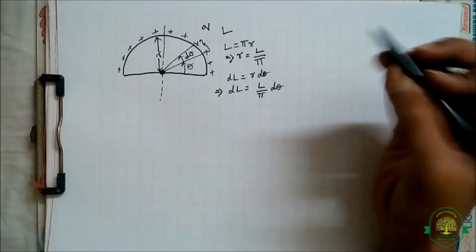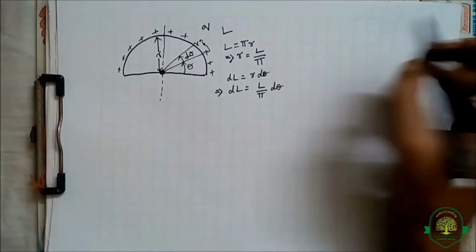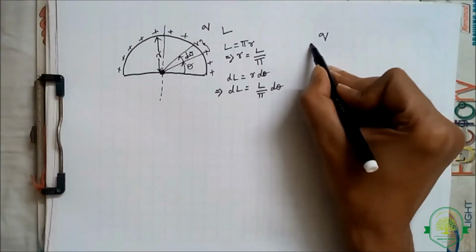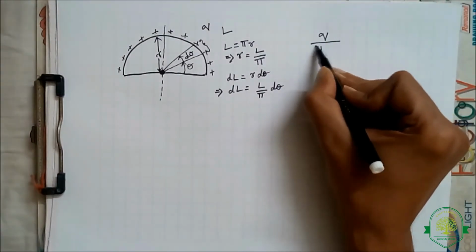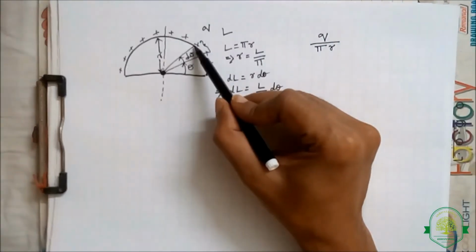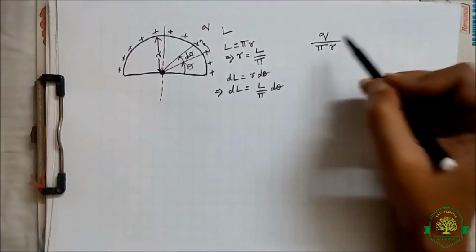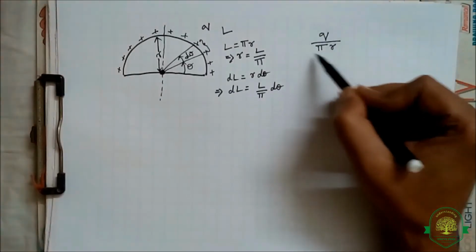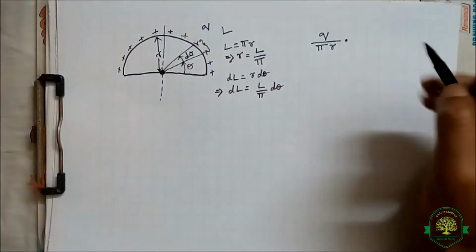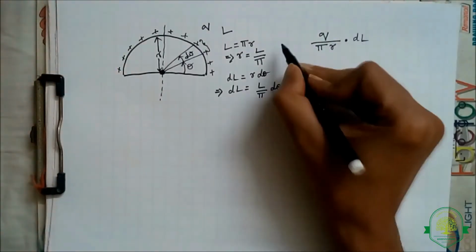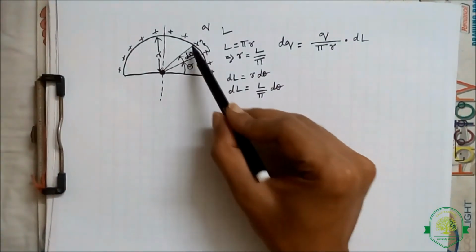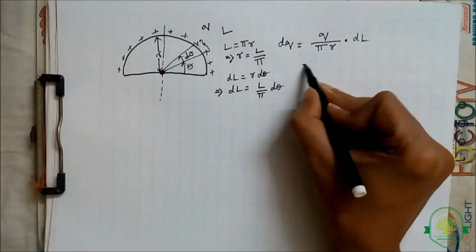By the simple unitary method, the total charge is Q, and charge per unit length is Q over pi r. Therefore, the charge in this portion of the semicircular wire is Q over pi r, the charge per unit length, multiplied by the length of this portion, which we know is dl. So this is the small charge dq that resides in this portion of the semicircular wire.